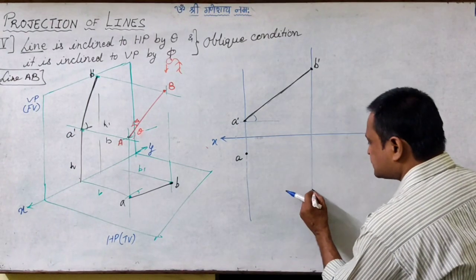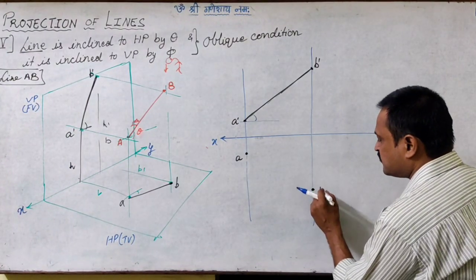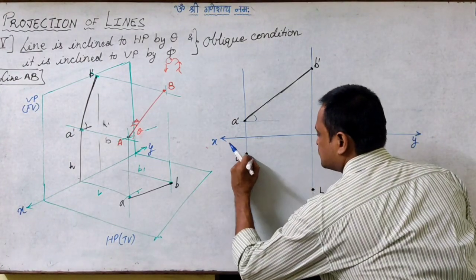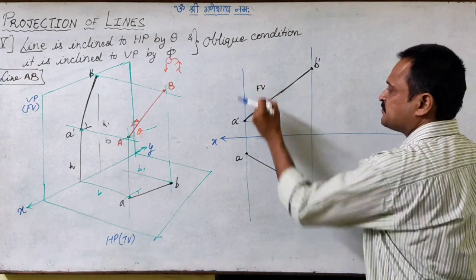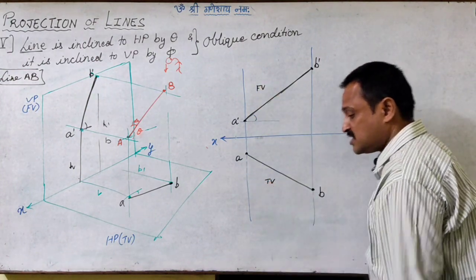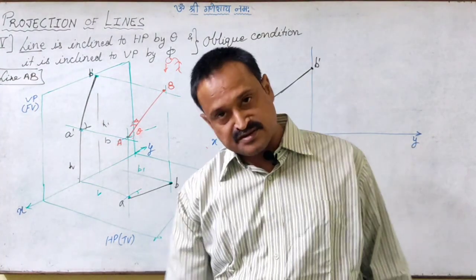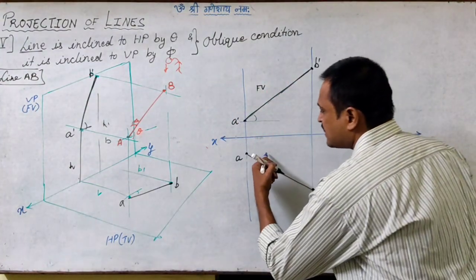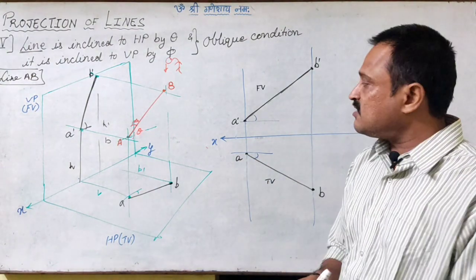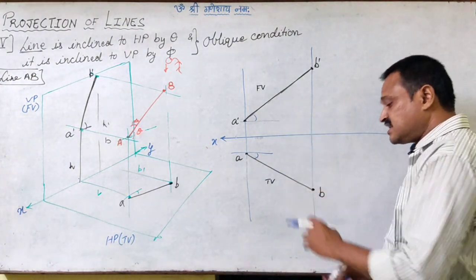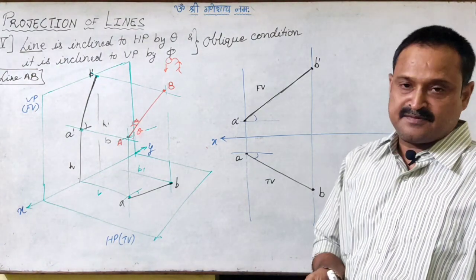So maybe let us say the distance of B from VP is this. So I get the top view image of the line. This is the front view image and this is the top view image. So I am getting both the front view and the top view images of this line inclined to the XY line.